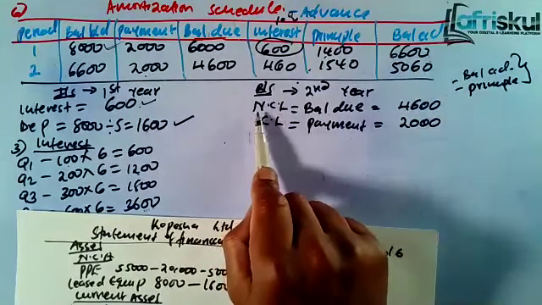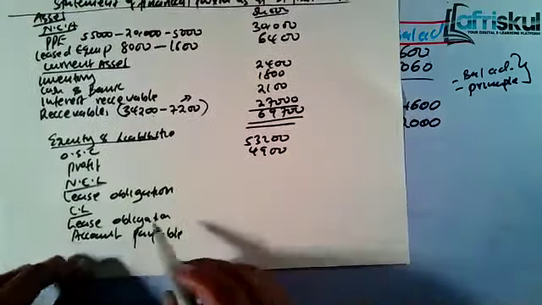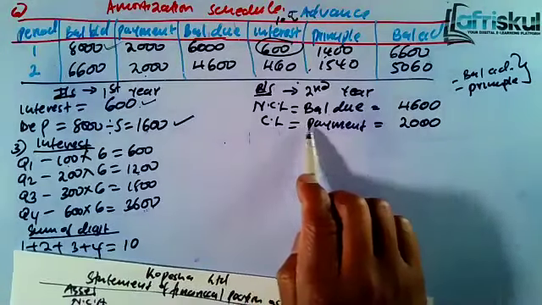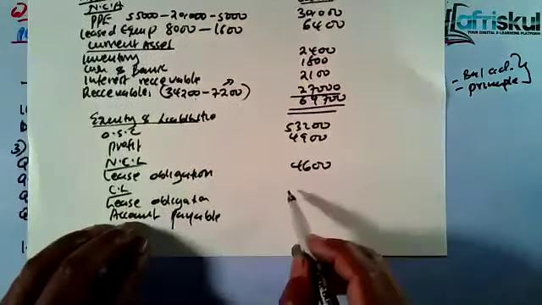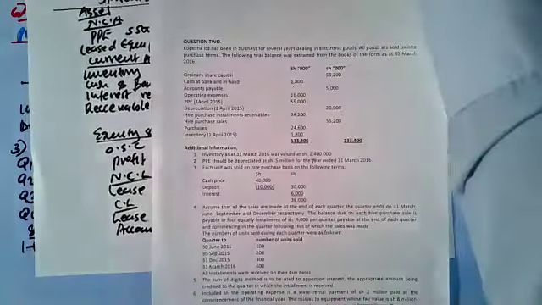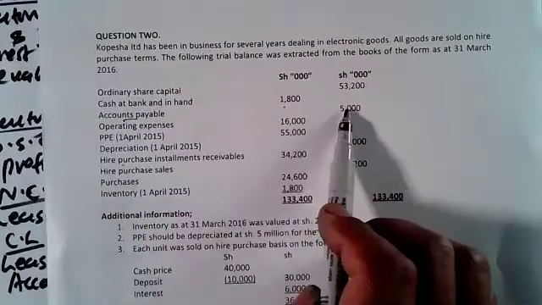We said what will be taken to non-current liability, this 4,600. That is what you bring here, 4,600. Also we had what to take to the current liability, the payments of 2,000. You bring that here. Then we have the account payable, which you get from the trial balance. Here we have account payable 5,000.